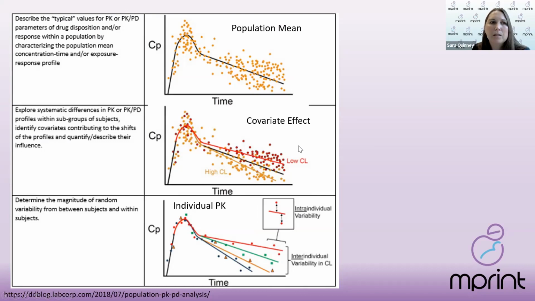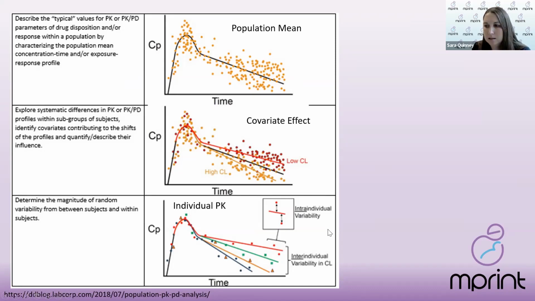You can also explore systematic differences in PK by employing covariates. In this case, you can see that there are two separate groups here, one in the gold color and one in the red color. The red color has a lower clearance than the group in the gold color. So we're looking at potentially a drug interaction or a pharmacogenomic effect leading to differences in clearance here.